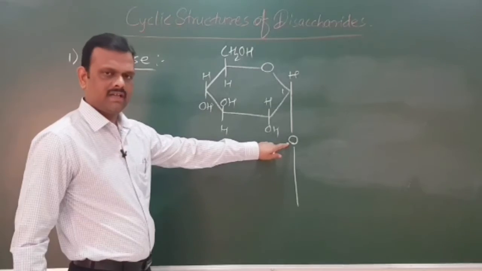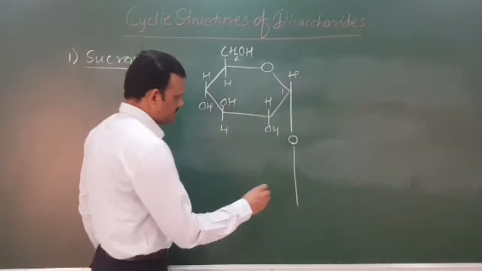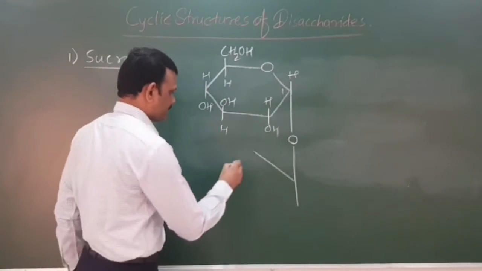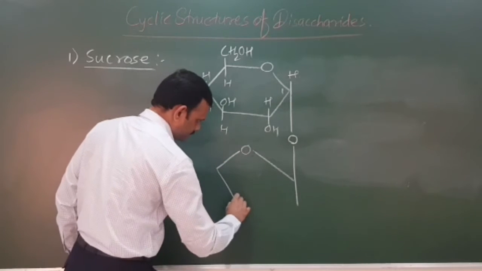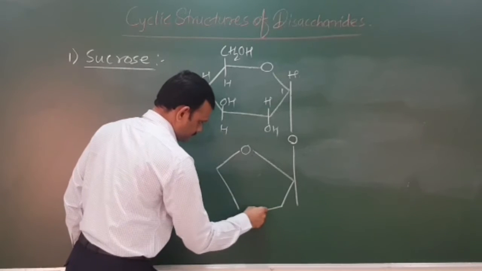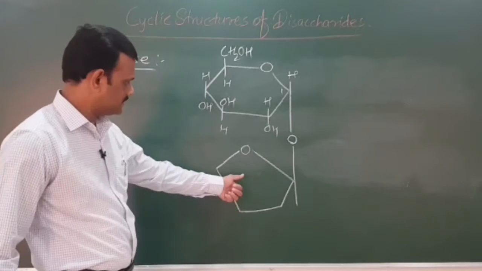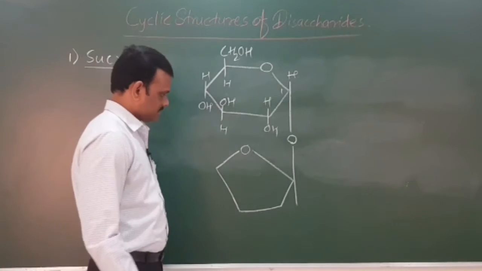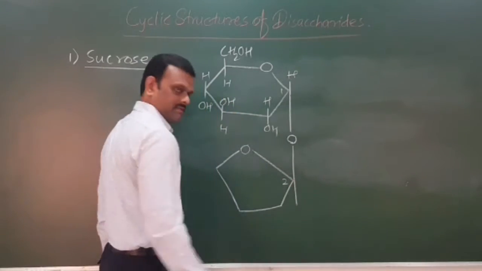This oxygen, I will tell how that oxygen comes from these two structures. Let us study first the structure of fructose. This is a fructofuranose. Now this one is a C2 carbon.